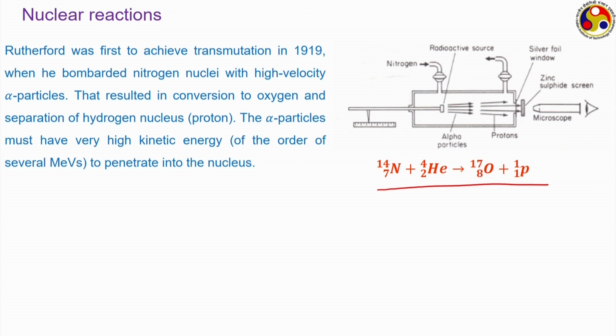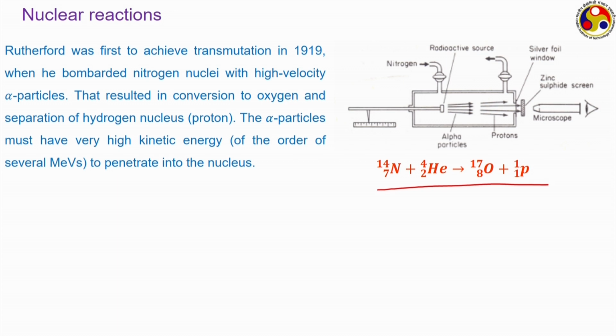Another point to note here is that Rutherford used a helium nucleus, that is the alpha particle, to break apart the nitrogen nucleus. Now, alpha particles, if you remember carefully, comprise 2 neutrons and 2 protons. Therefore, they are positively charged, having 2 units of positive charge. Now, we are trying to break the nitrogen nucleus, which has 7 protons and 7 neutrons, so that also carries a strong positive charge.